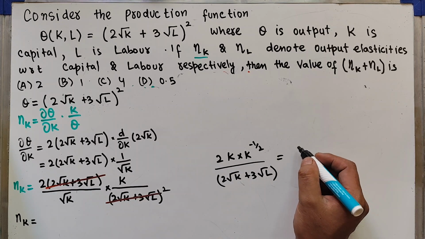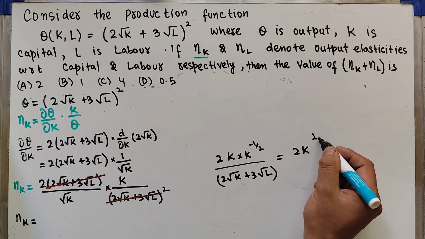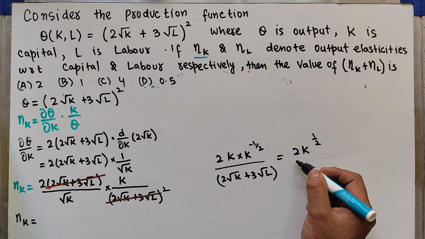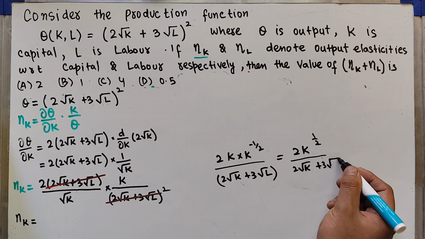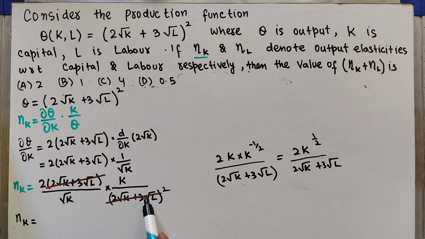Bases are same, we can add the exponents, we will get 2K raised to the power 1/2, because 1 minus 1/2 is 1/2, divided by 2√K + 3√L. Let us write it in the under root fashion. So we have 2√K divided by 2√K + 3√L.